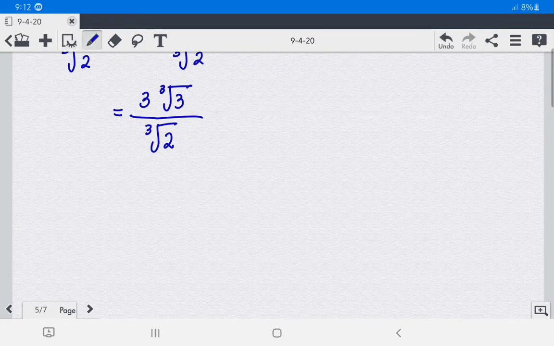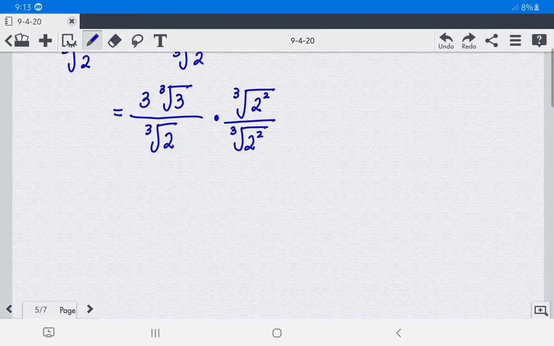We're going to multiply both the numerator and the denominator by cube root of 2 squared. Okay? Why? Because if you add the exponents of this factor, we have 2 and then 1, the result is 3, which can be divided by the index 3. Okay?